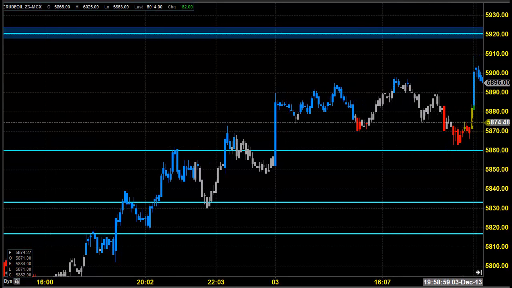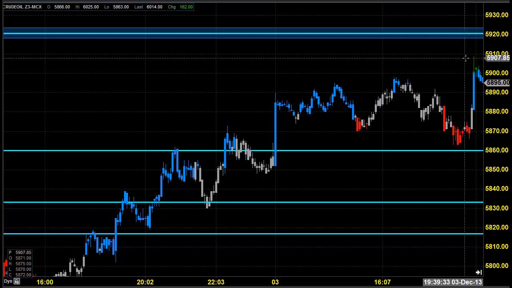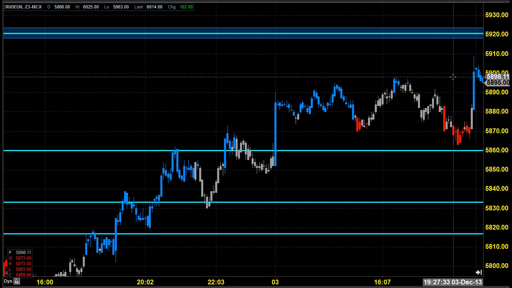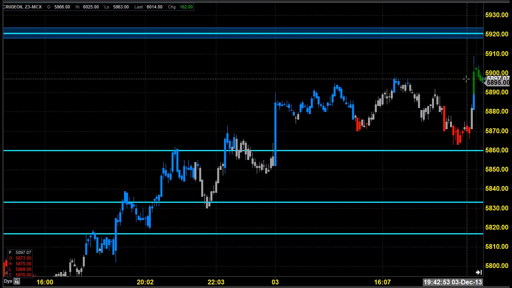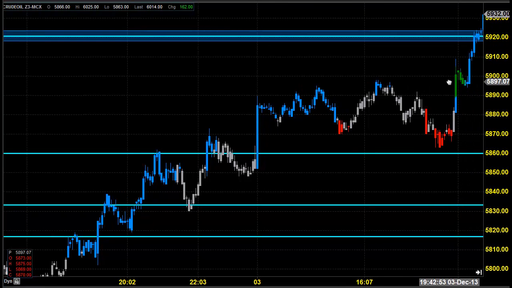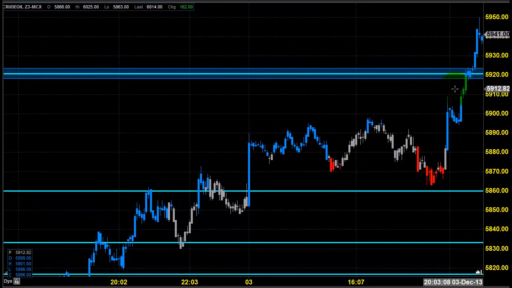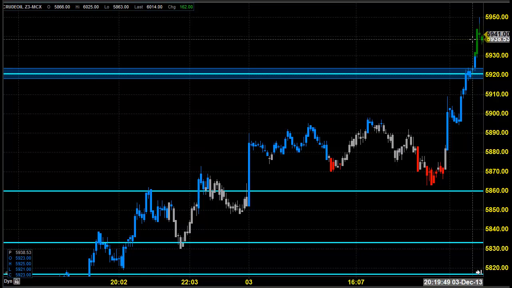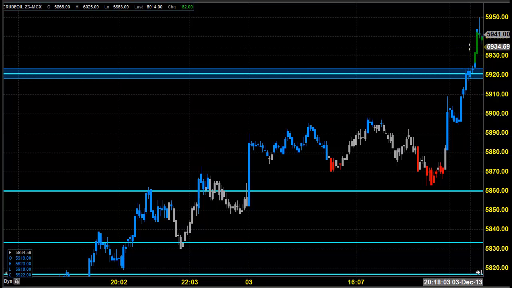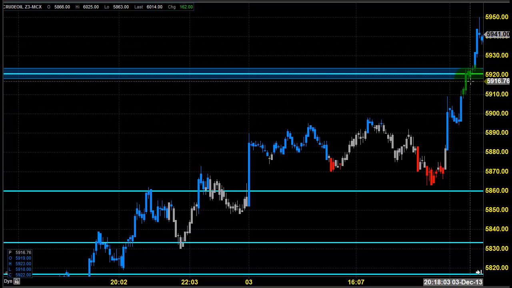From that the market picked the momentum and tried to test this 5920. By the same time, our charting tool also indicating there is something for buyers. So the price went and tested this 5920, and after that it had shown a strong price action above 5920. This gives an indication that the price had got some buyers.